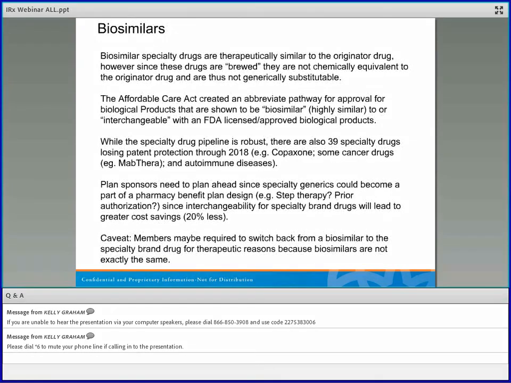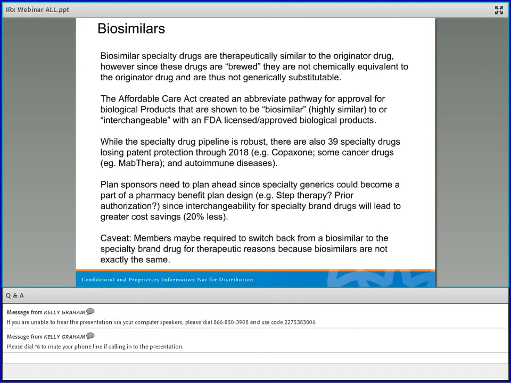I just want to talk a little bit about biosimilars, because with specialty drugs generally, it is clearly unsustainable from a pharmacy benefit standpoint, with all these drugs at $100,000 plus, for covering all these different disease states.